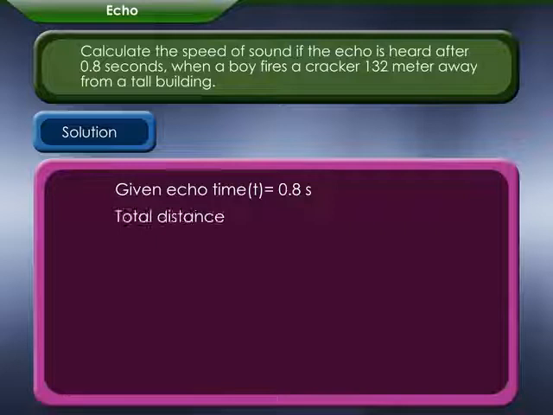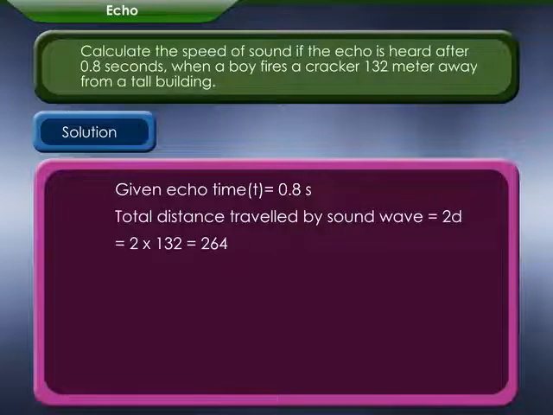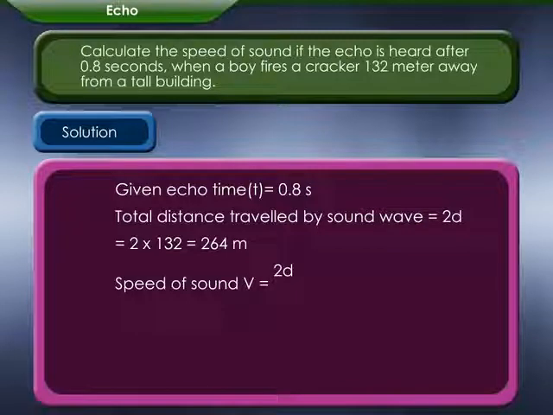The total distance traveled by sound wave is 2d equal to 2 into 132 equal to 264 meters. Speed of sound v is equal to 2d upon t equal to 264 upon 0.8 equal to 330 meters per second.